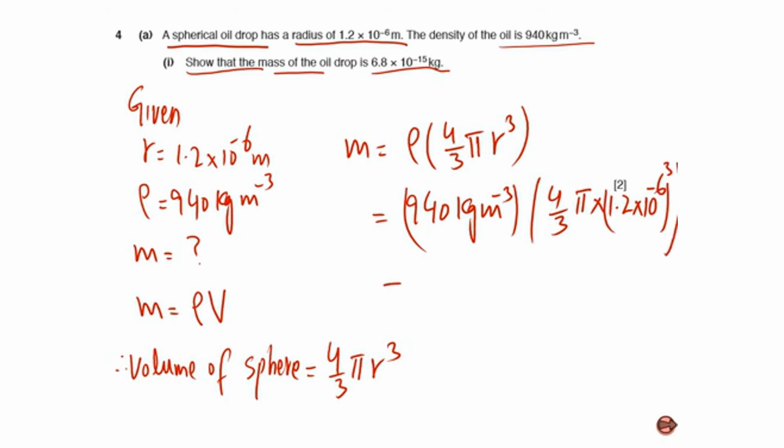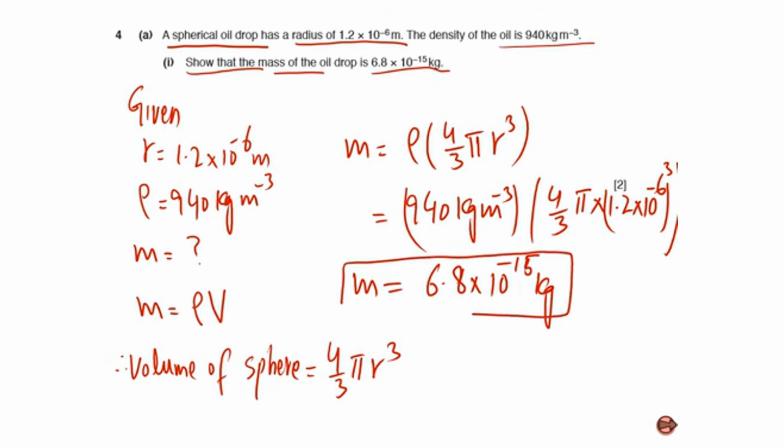So if we just use a calculator, we will get this is equal to 6.8 times 10 to minus 15 kgs. So this is what we were trying to find, and this is our final answer.